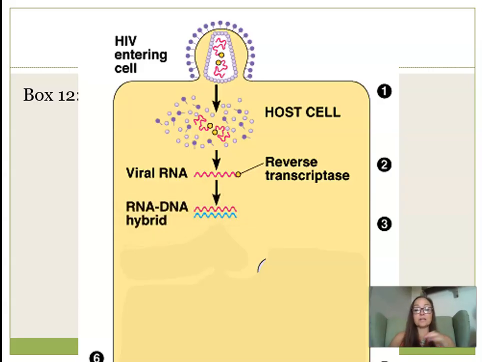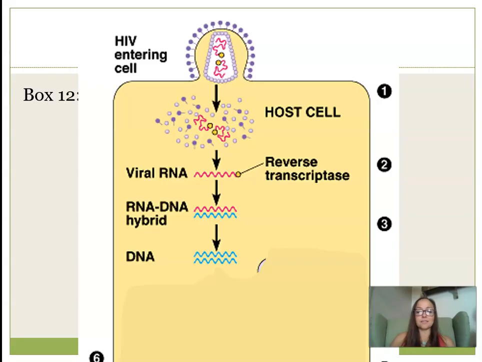So in reverse transcription, the enzyme reverse transcriptase will read the code in RNA, base pairing DNA nucleotides. So now you'll get an RNA-DNA hybrid. And from there, we can take one strand of the DNA, and because DNA has complementary base pairing rules, if you know one strand of DNA, you can find its complement.